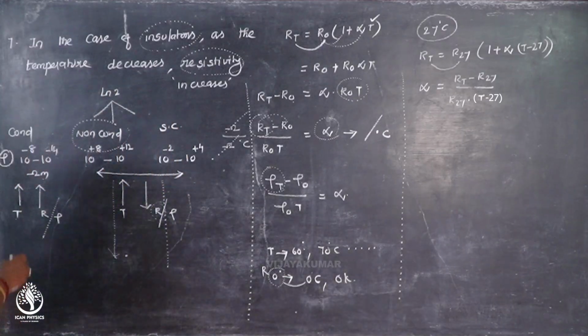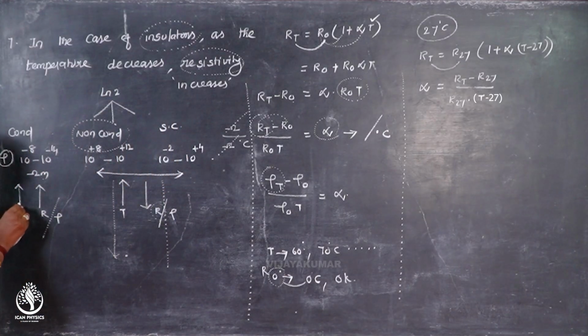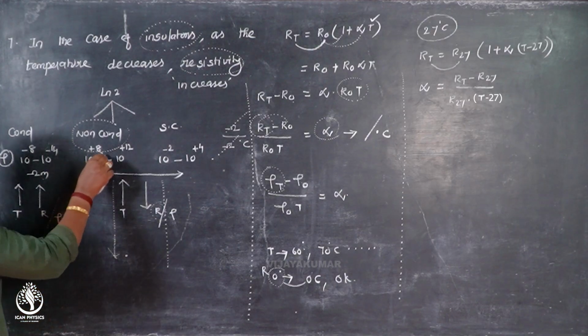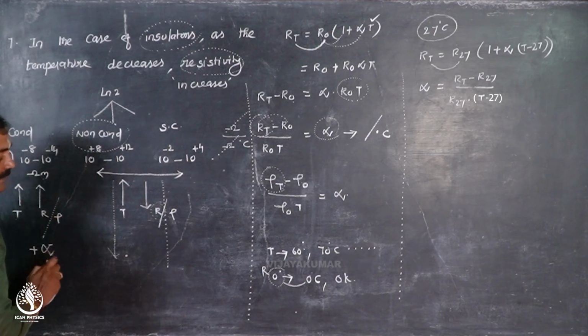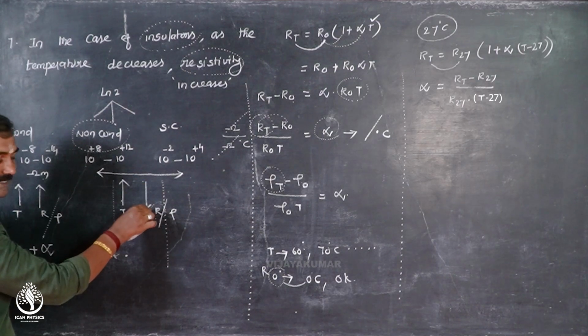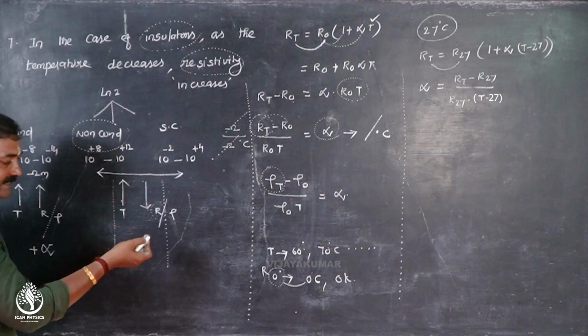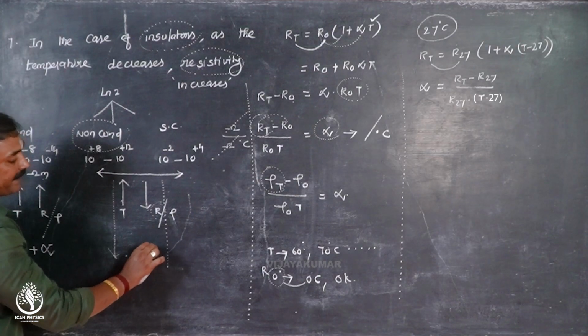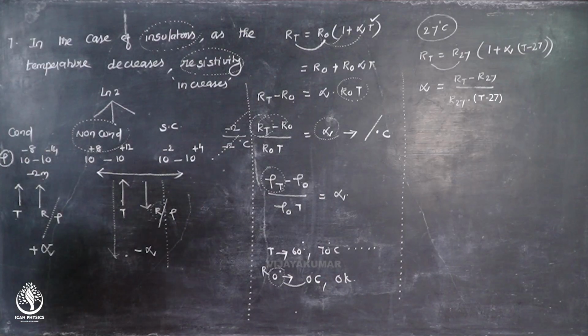Okay. So when the temperature increases, the resistance or resistivity also increases, so it has only positive temperature coefficient. When we are going for non-conductors and semiconductors, when the temperature increases, the resistance decreases. After reaching a particular stage, it may go negative, so it may have negative temperature coefficient.